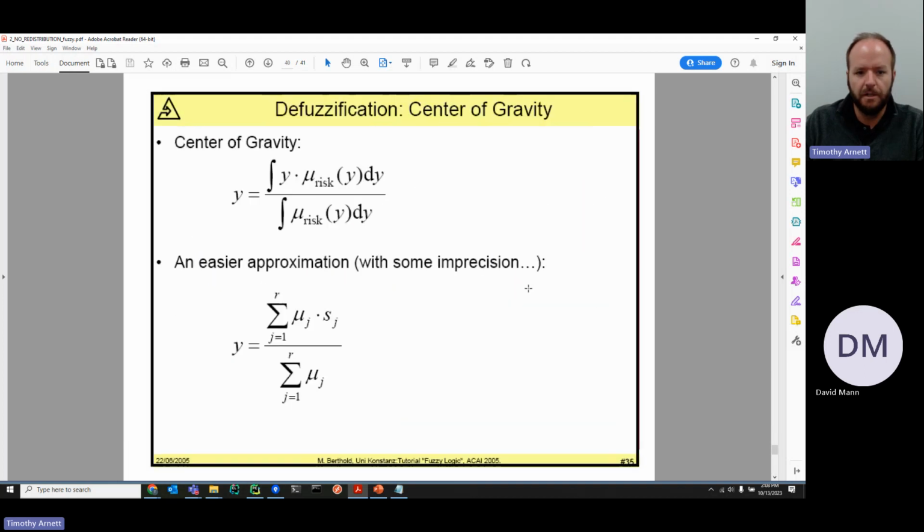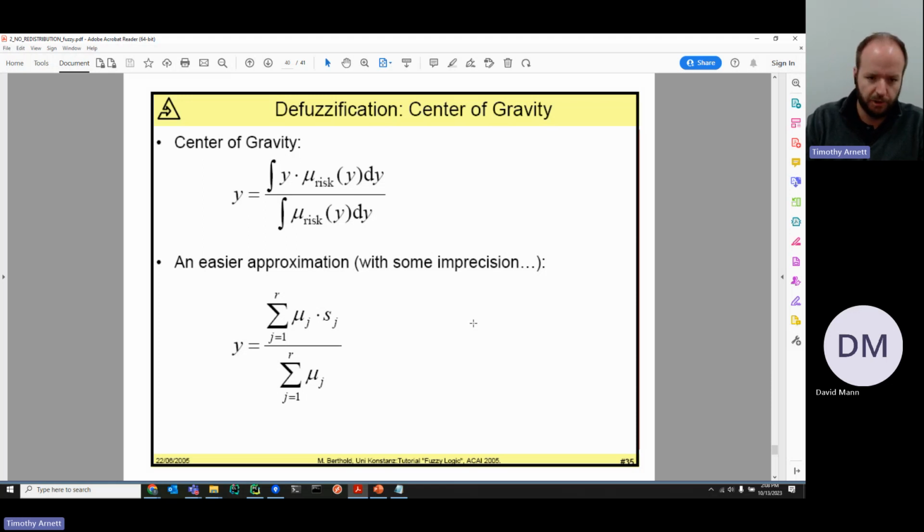I will highlight that there's a number of different defuzzification methods out there, including ones that resolve the output to a discrete set. You don't have to necessarily have a continuous output. You can have defuzzification methods that give you different discrete outputs based on where you are in the input space. Some of those you'll see in the literature and fuzzy resources are mean of maximum.